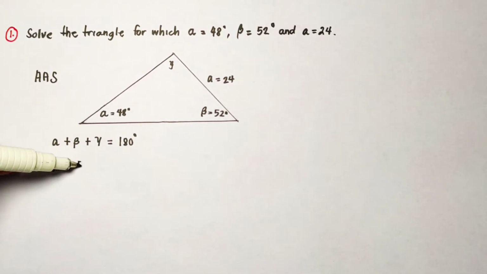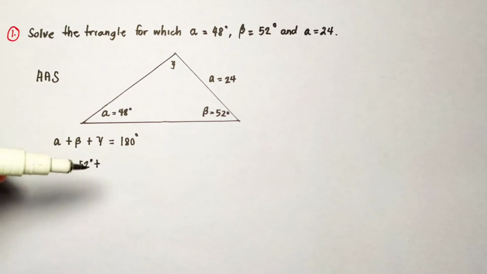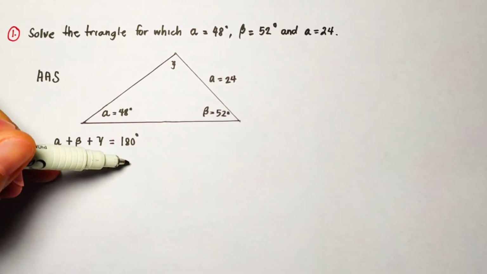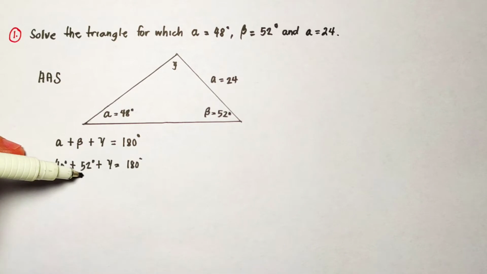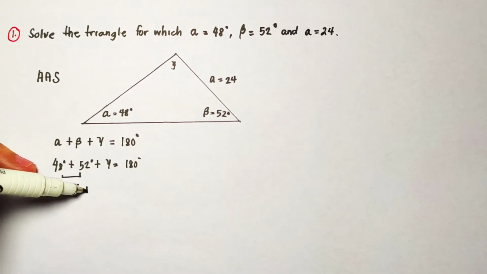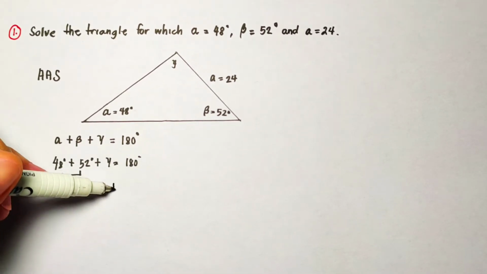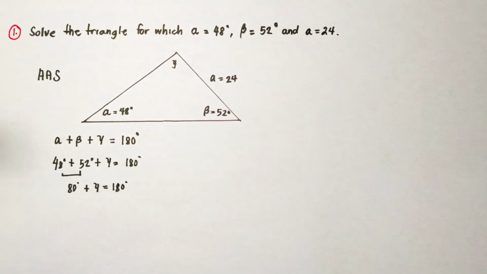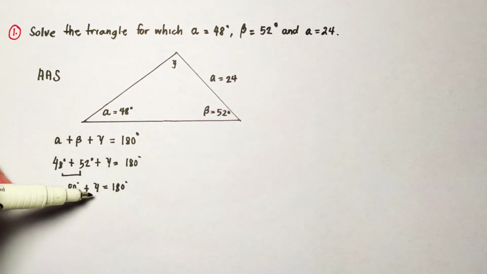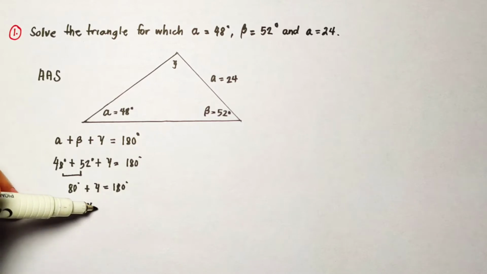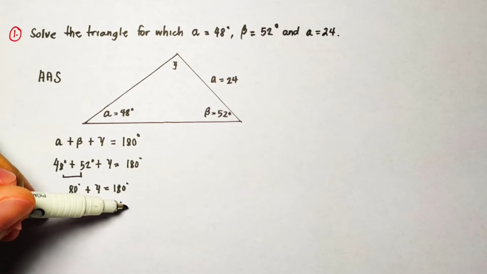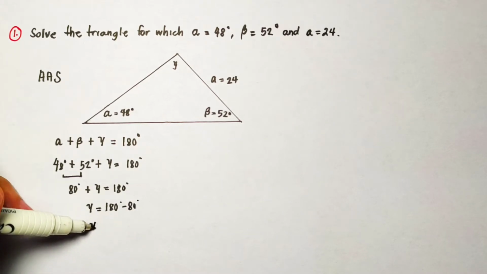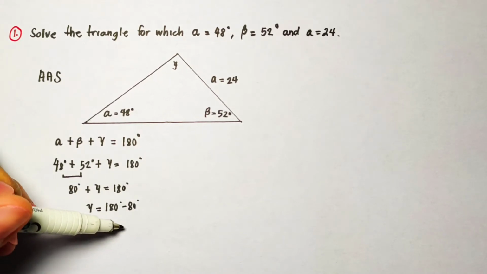Also for this angle, we have 52 degrees. And this is the missing angle. Adding this up, it will give you 80 degrees, and this is still missing. It must be equal to 180 degrees. So solving for this angle, we will find that gamma equals 180 degrees minus 80 degrees, or 100 degrees.